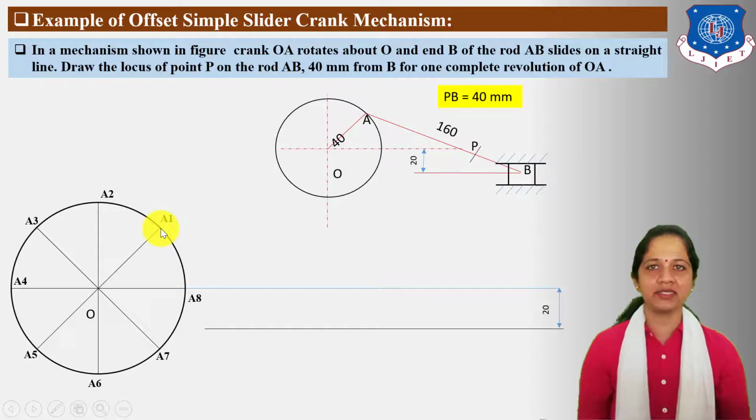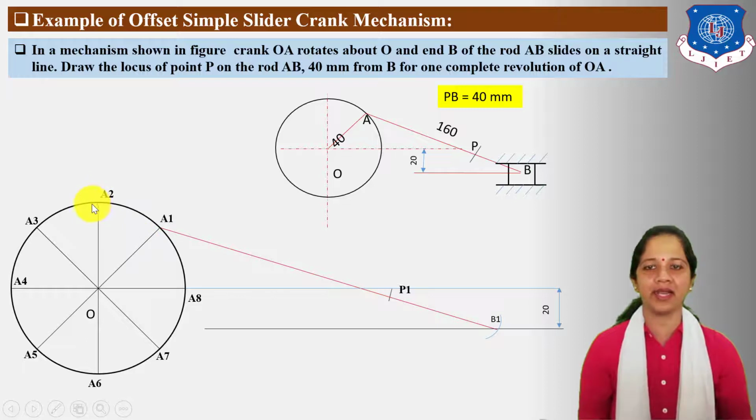So take radius 16 cm, center A1 and cut arc on offset slider path and mark here B1 slider position. Connect A1 B1 and locate P1 locus. Distance of P1 locus from B1 point is 40 mm or 4 cm.